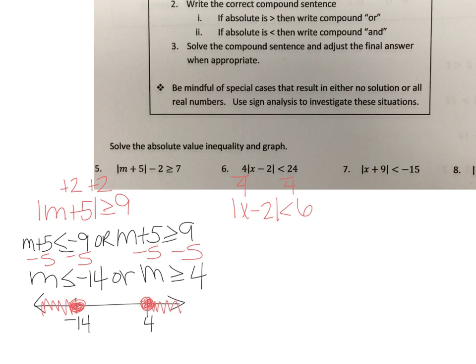So we said less than 6 would have to be what? And, right? Between what 2 numbers? 6 and negative 6, right? So how do we write that? We wrote that negative 6 less than x minus 2 less than positive 6.